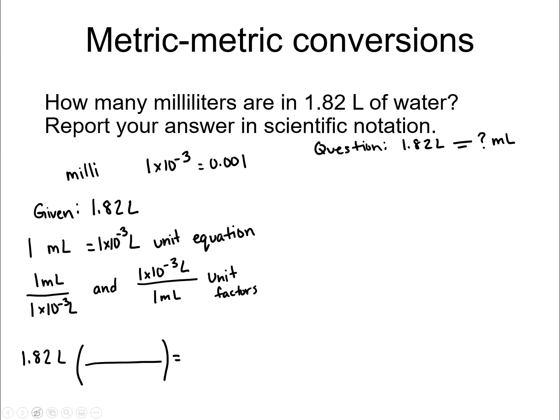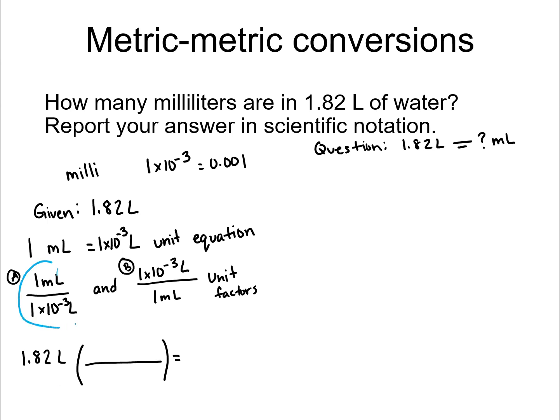Now I've got a decision to make. Which one of these unit factors do I choose? I need to cancel out liters. I have liters in the top, the numerator. I need liters in the denominator.